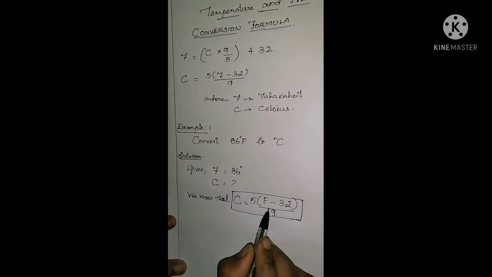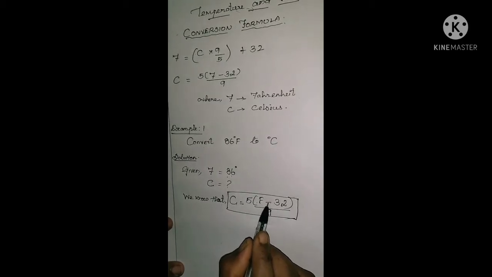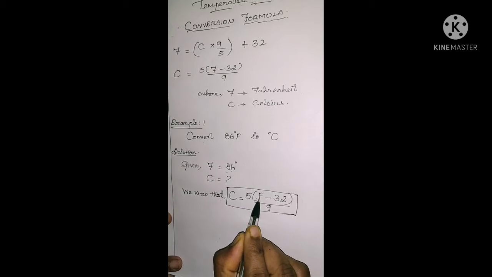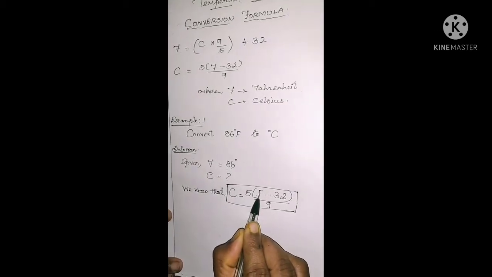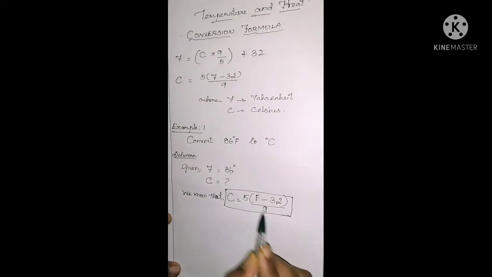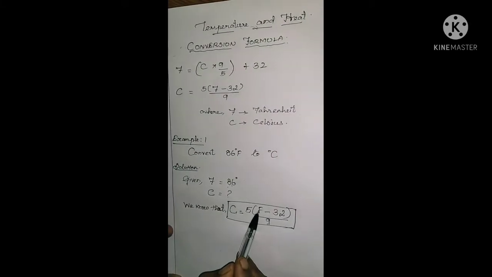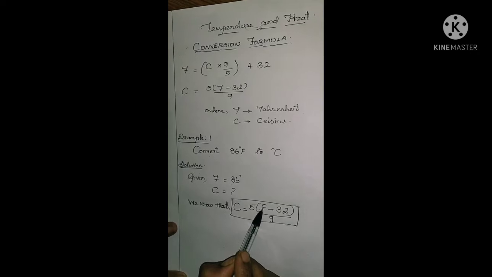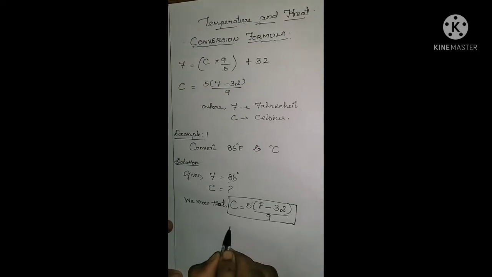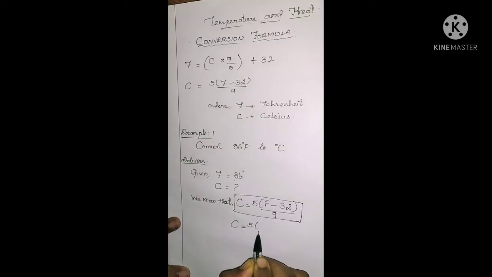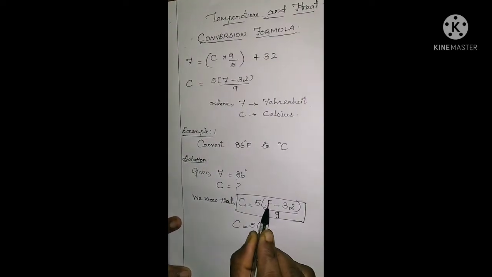Find the solution. So, F minus 32. Here F means the Fahrenheit value, which is given in the question. So, F is equal to 86. Just substitute that 86 instead of F. So, C is equal to 5 into, what's the value of F? 86.